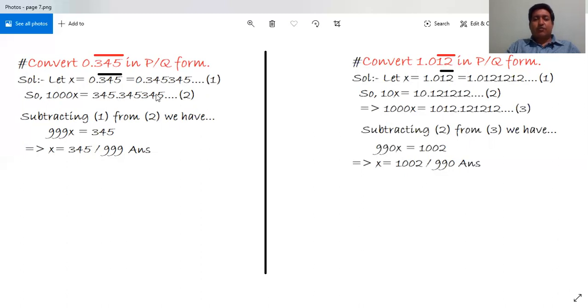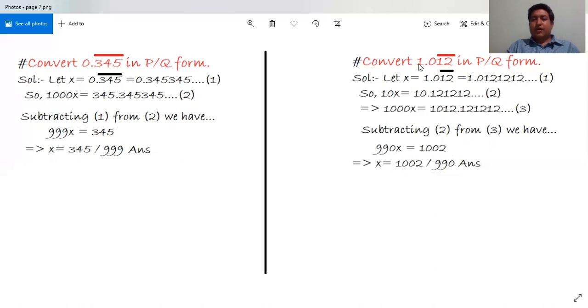Again, our aim was to get the repeating decimal part the same as in equation 1. Same thing here, we are getting 999x equal to 345. I hope you can understand. If you are not understanding, please pause my video and just read it and try to understand. So the answer is 345 upon 999, right?